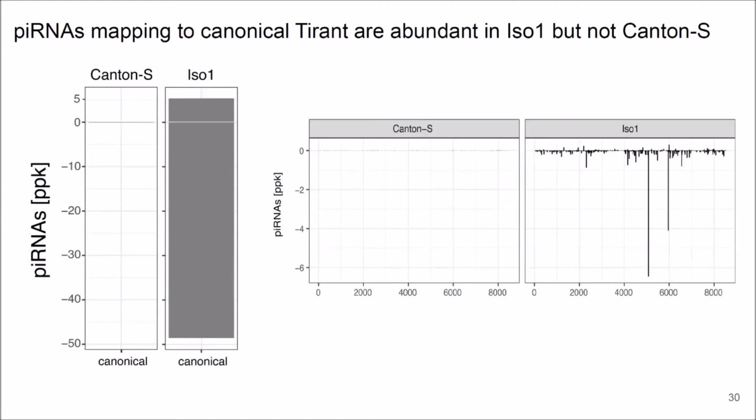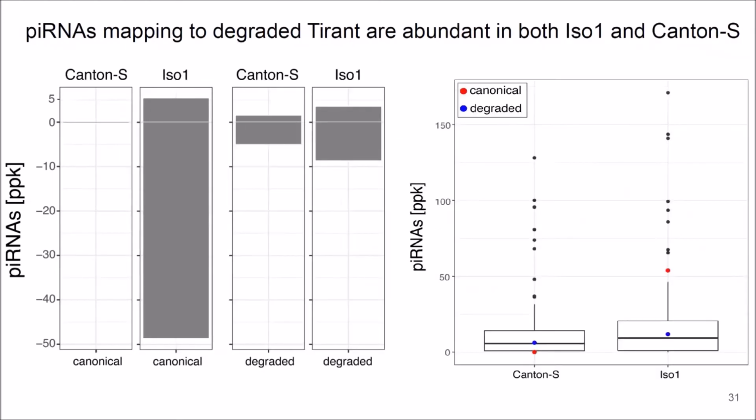But if we look at piRNAs that map not to the consensus sequence, but to the degraded sequences that we have in the genome, we can see that there is a certain amount of piRNAs that are still produced that likely correspond to the old sequences, to the degraded insertions.